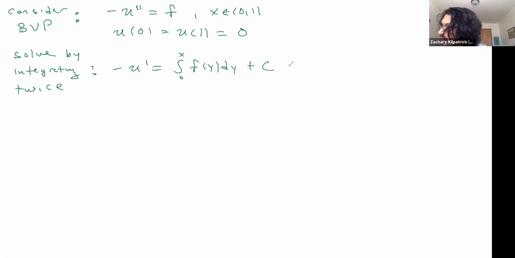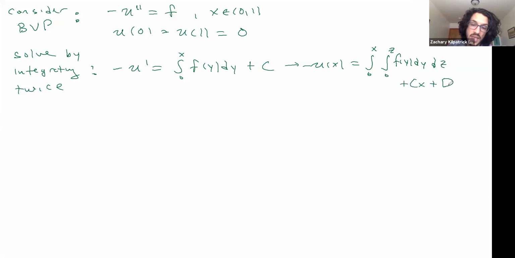And then if I integrate again, I get minus u(x) is equal to the integral from 0 to x, integral from 0 to z, of f(y) dy dz. And then I have these trailing factors, cx plus d. So I need to specify those.